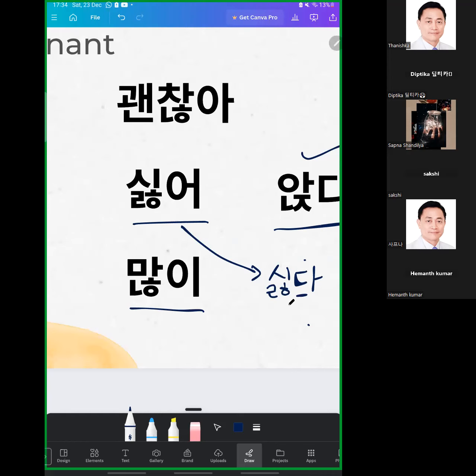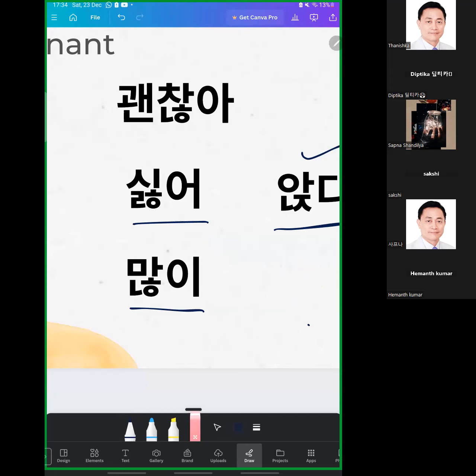Simple. If there's a consonant after it, what is the rule? Ma'am, Shizdo. Again, Shizdo. Is this do in the end, the vowel? Dada. Yeah, shirtha. Okay, shirtha.